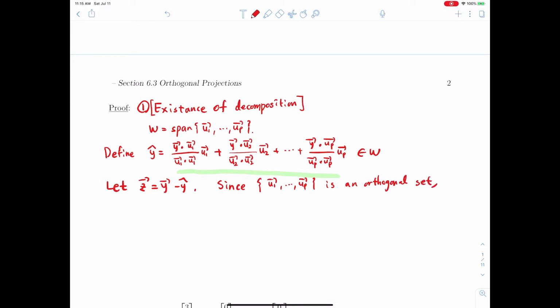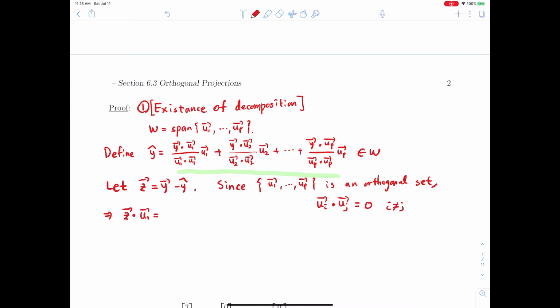We know that ui dot product with uj, if you take the dot product of two different vectors, then we should get 0.